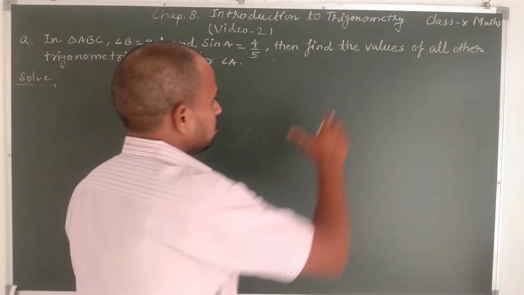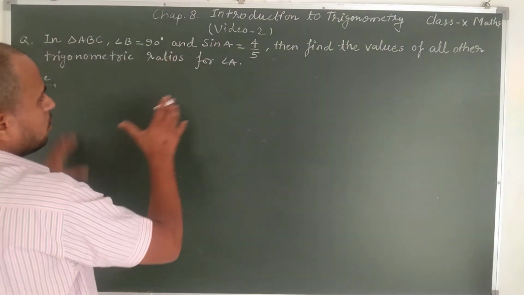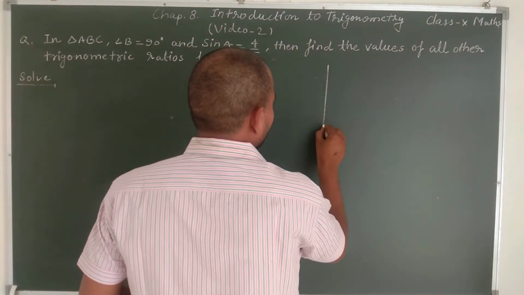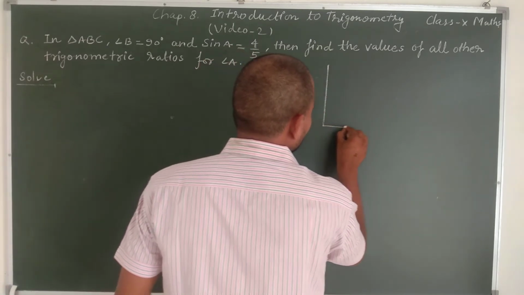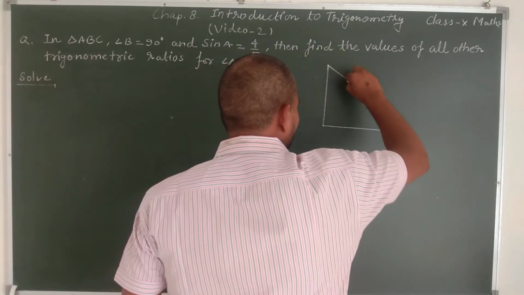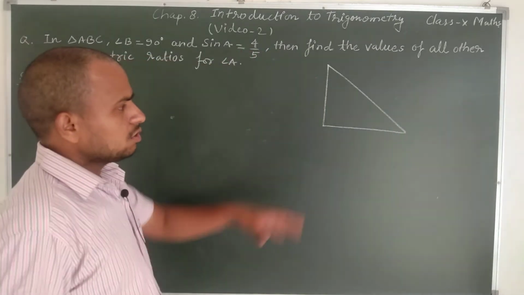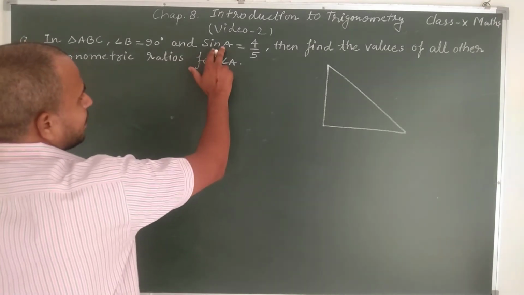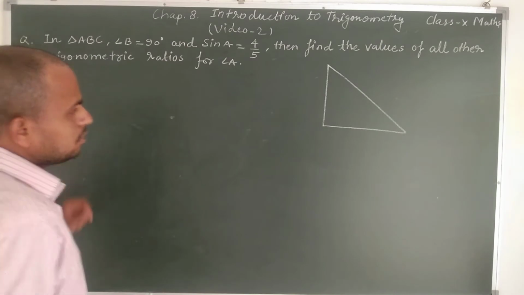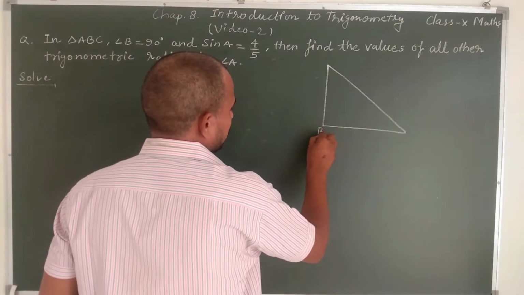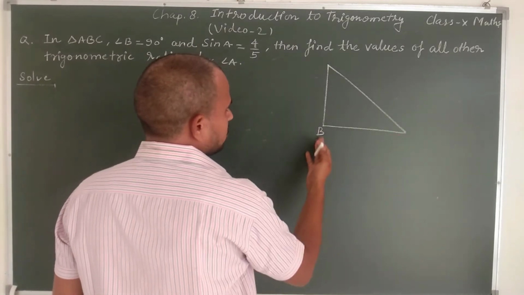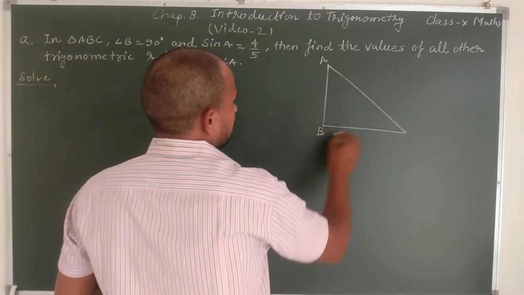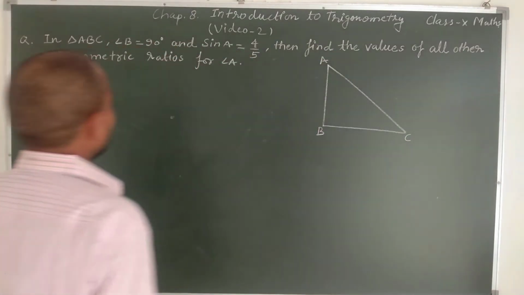So let's draw a right triangle according to this question. This is the perpendicular, this is the base, and this is the hypotenuse of this triangle. The question says that the angle at B is 90 degrees.